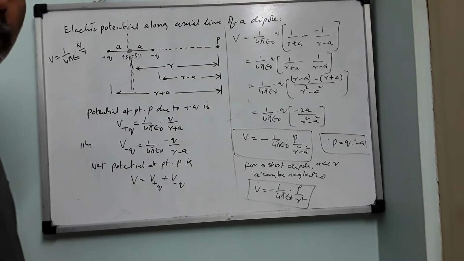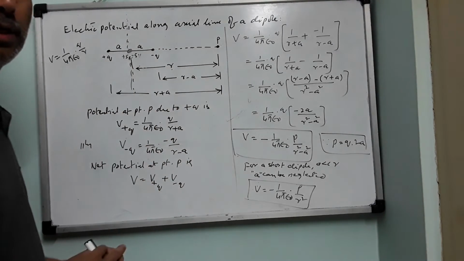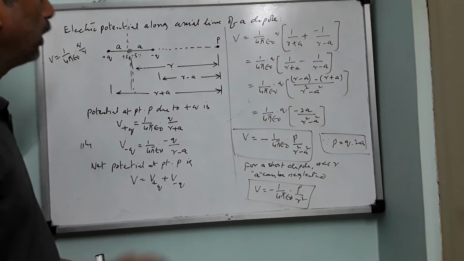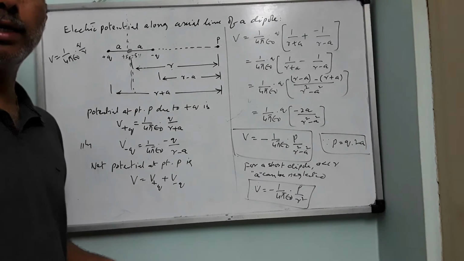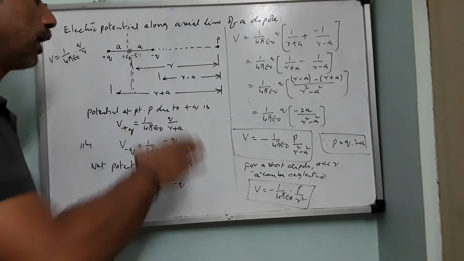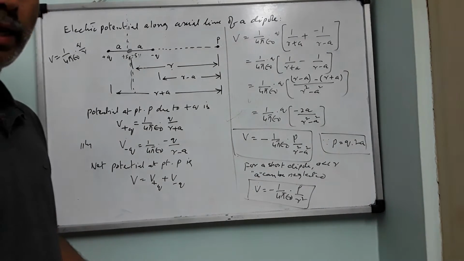So either you can go by that way, that is a lengthy process, or you can split it into pieces. One piece is along the axial line, other is along the equatorial line. So we proved that along the equatorial line electric potential is 0, and along the axial line potential will exist like 1/(4πε₀) × P/r².